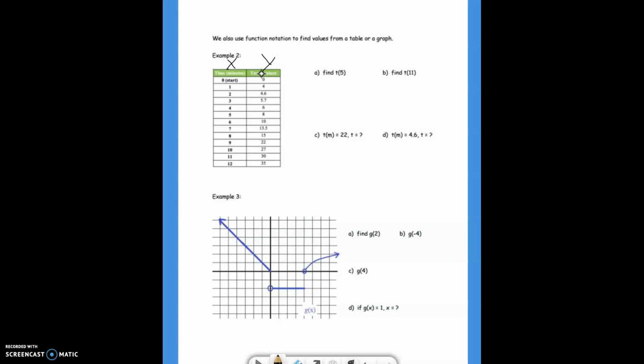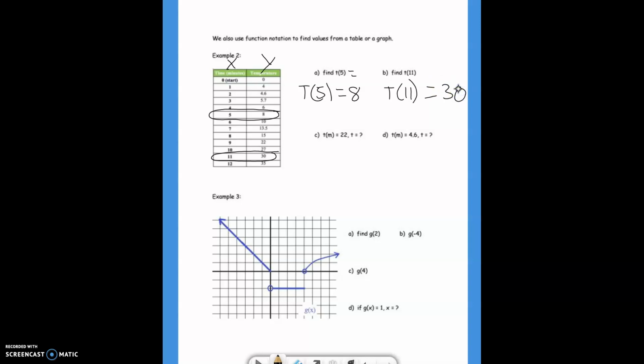So I want to know when the time is 5, what would be the temperature? So when t is 5, the temperature is 8, right? And then when the time is 11 minutes, then the temperature is 30. Okay, so it looks like it's going up there.